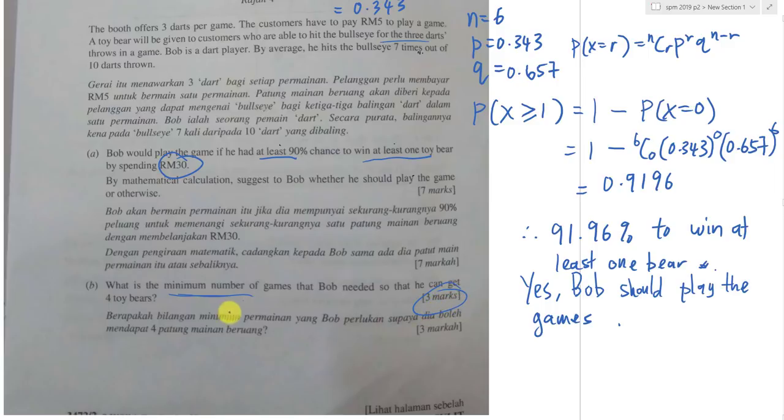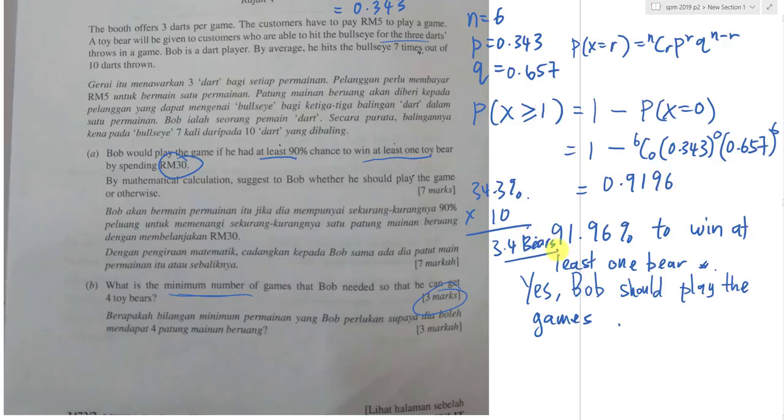The logic number 2 here, if you understand about percentage, so basically each game he will win 1 bear, the chance is around 34.3% only. That means if I play 10 games here, I will actually win about 3.4 bear, isn't it?